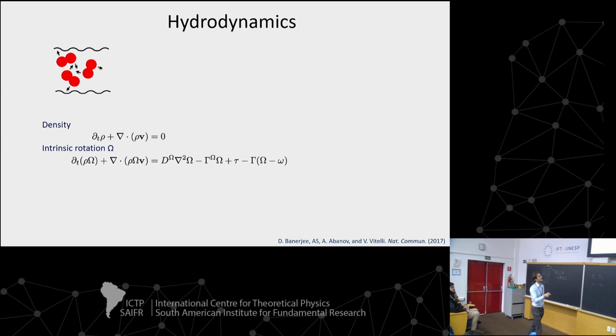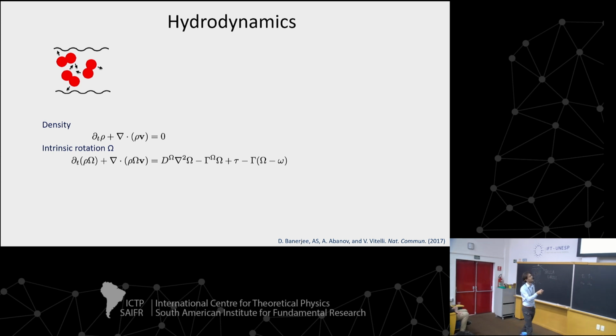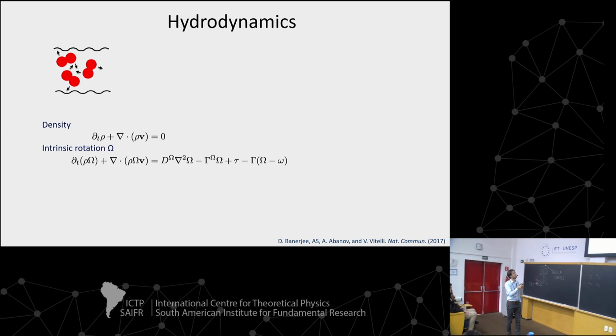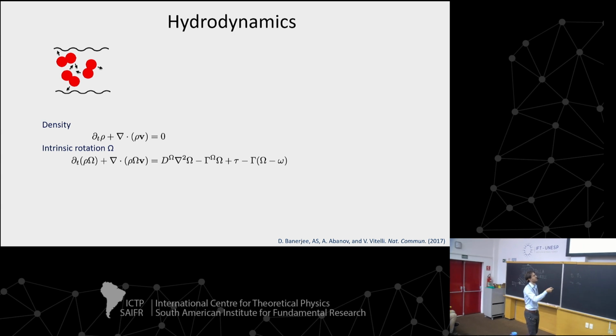And there are various continuum equations that you can write out for this rotation rate. It involves convection, the rate of change of this rotation rate, so the torque, the convection of the rotation, its diffusion through the fluid, and importantly, an active torque here. This is what creates a net rotation in the first place, along with some sort of friction coefficient that gives you a preferred rotation rate.